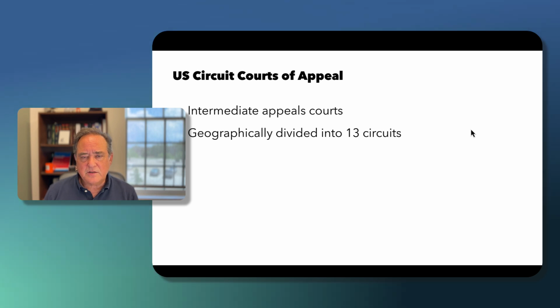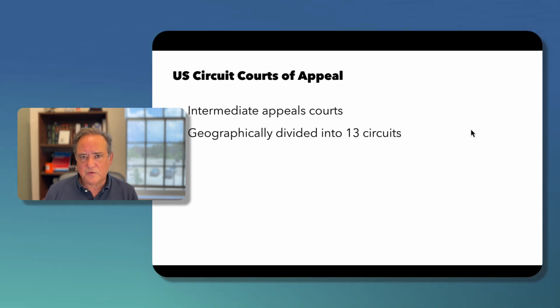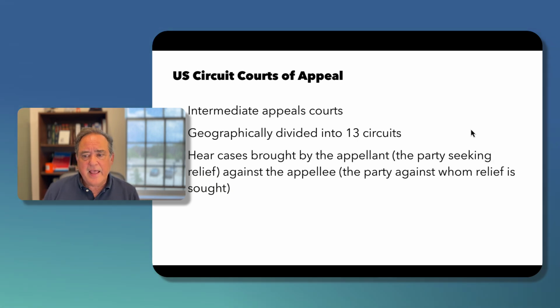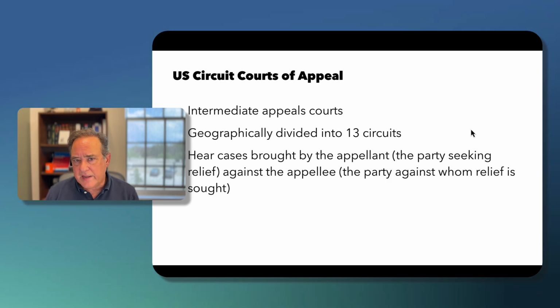So these circuit courts of appeals will hear cases based on geography, essentially. They hear cases brought by the appellant, the party seeking relief from the trial court's judgment, against the party called the appellee. And the appellee is the party against whom relief is sought.